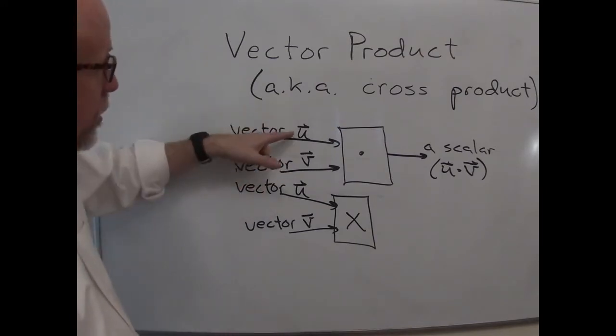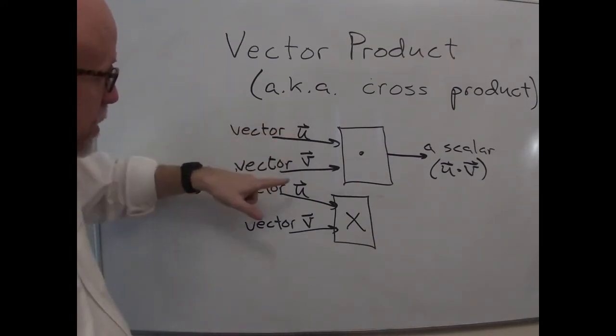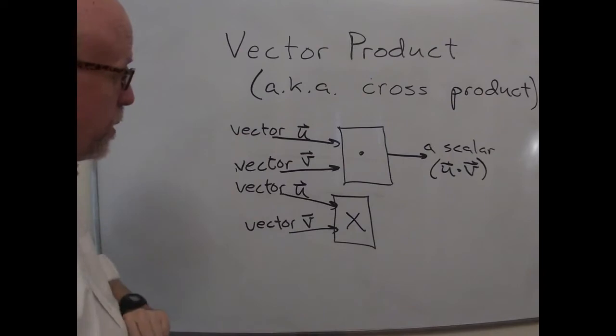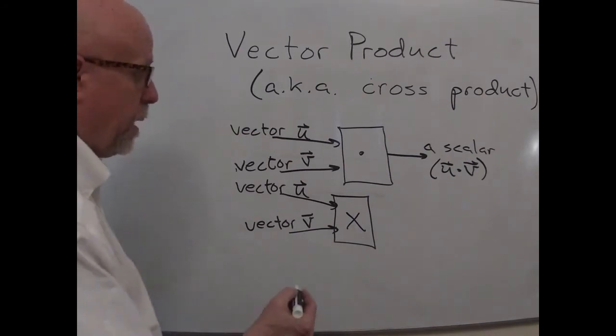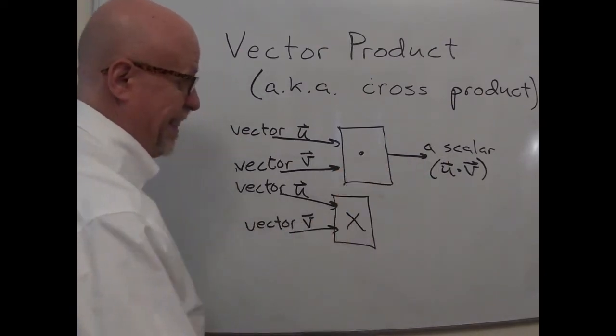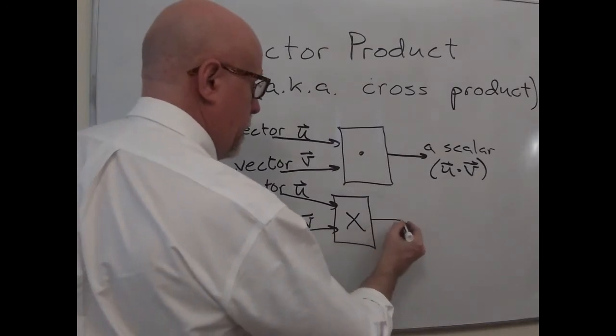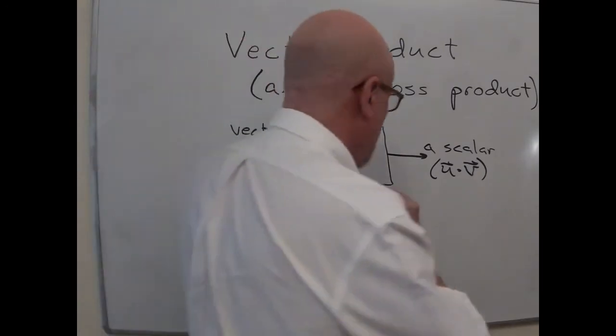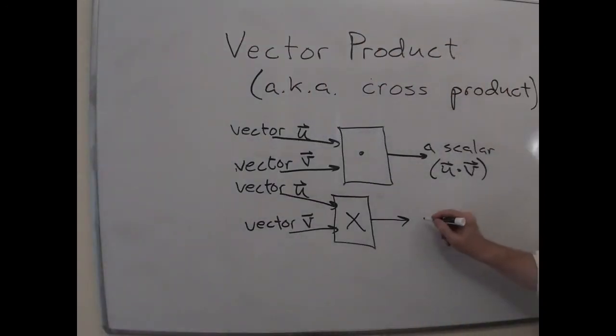Well, it depends. If you're in R3, there are three numbers for each of these vectors, so that's 6 total numbers as inputs. And in the case of the scalar product, a single number comes out. But in the case of the vector product, a vector comes out. That's huge.